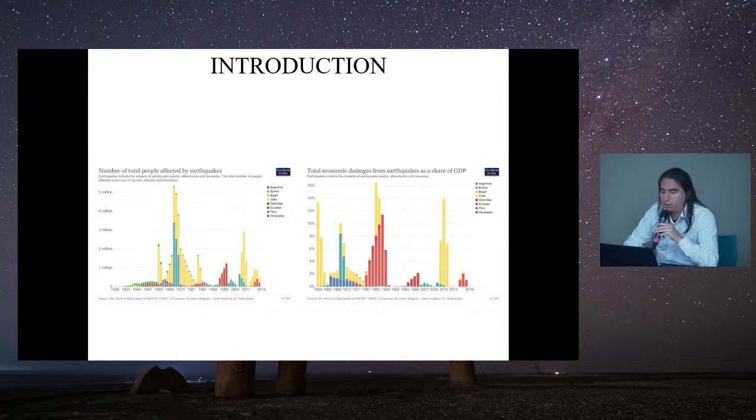And in here we have also the economic damage as a share of GDP. I want to explain that it's not only affected people, but also a lot of economic losses. Here we have the earthquake in 2010 in Chile, with a lot of economic losses as well as affected people, almost 3 million people affected by this earthquake.